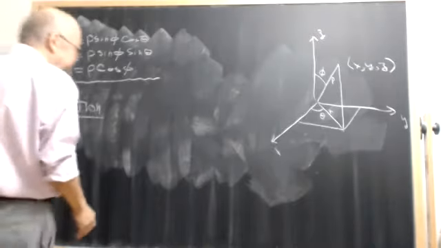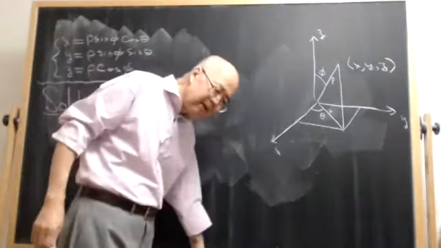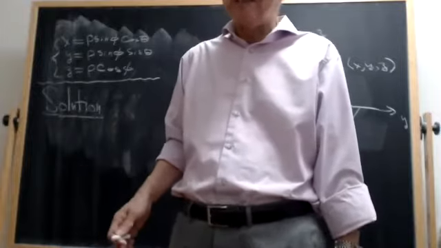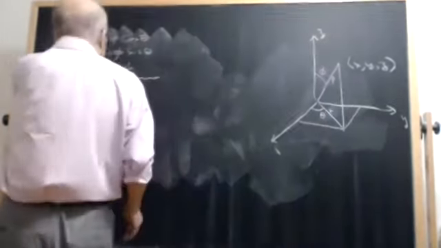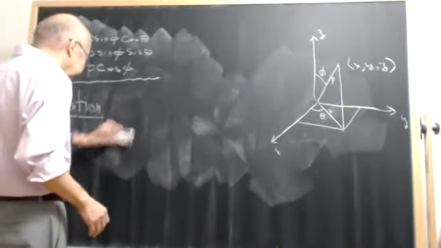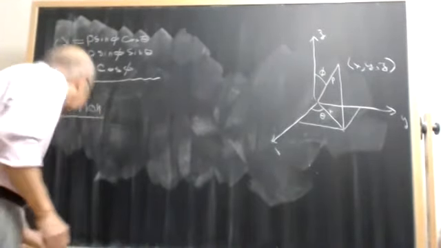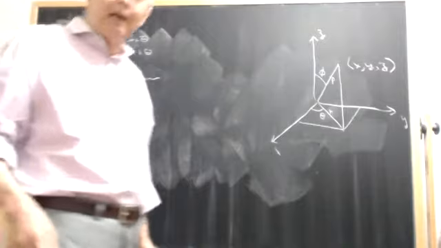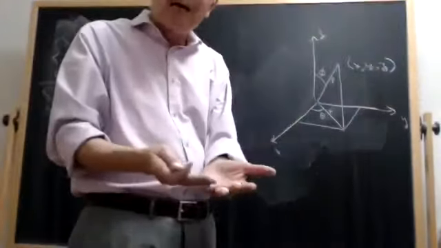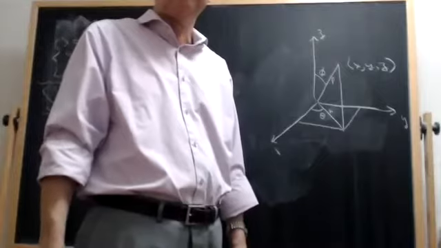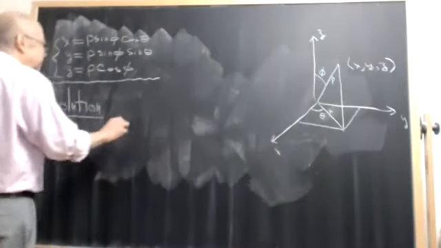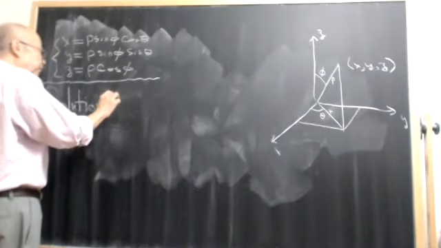But I'm not going to put too much data on the diagram so as to confuse you. Now, first of all, we have to know what the two surfaces are and how they bound a solid. Let's begin with 1.